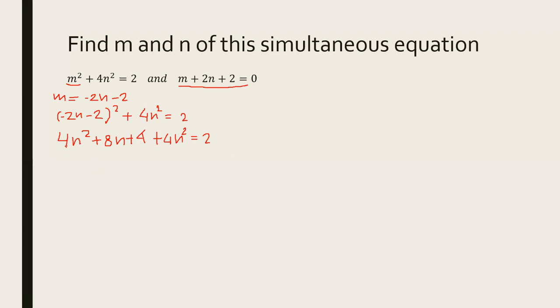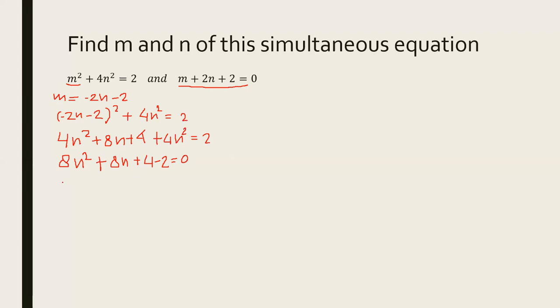And 4n squared plus 4n squared is 8n squared, and then plus 8n, and then plus 4 minus 2 equals 0.